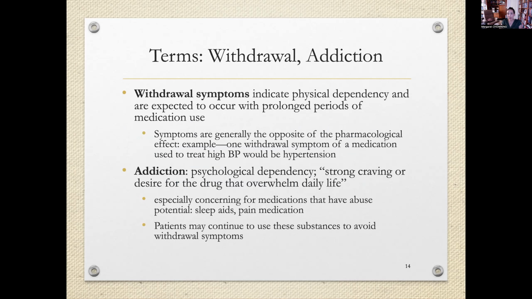Okay, more terms for you. So withdrawal symptoms. Withdrawal symptoms indicate physical dependency and are expected to occur with prolonged periods of medication use. Okay, so symptoms are generally the opposite of the pharmacological effect. So for example, one withdrawal symptom of a medication used to treat high blood pressure would be hypertension.